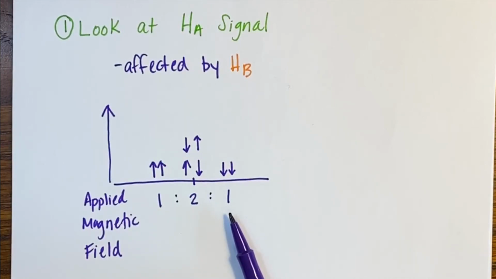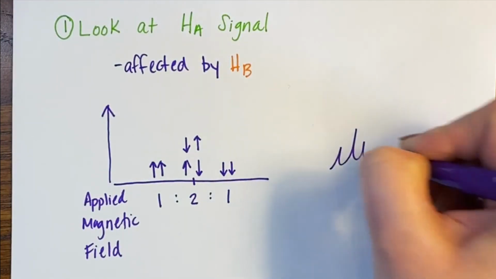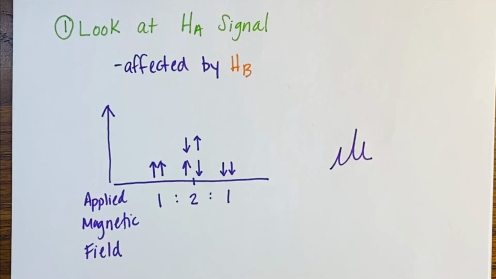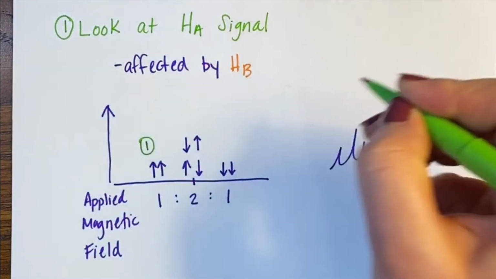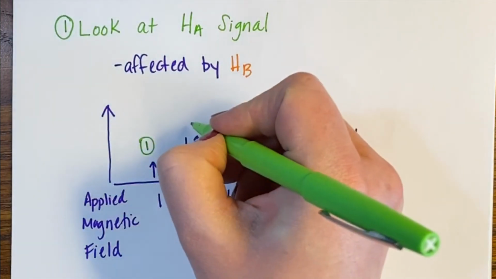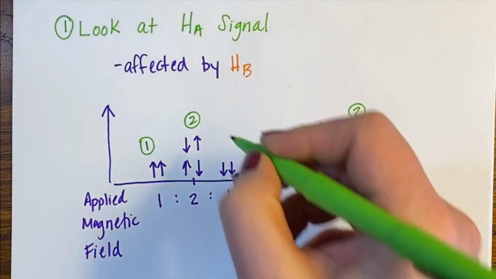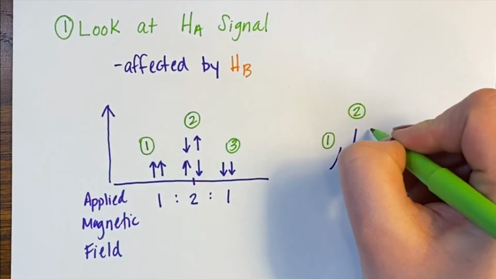That's going to give rise to the three lines in our signal, which we call a triplet. So overall, the signal for HA is going to be a triplet like this, where this peak corresponds to this peak in my triplet. This magnetic field, which we'll call 2, corresponds to this peak in my triplet, and this one is 3.